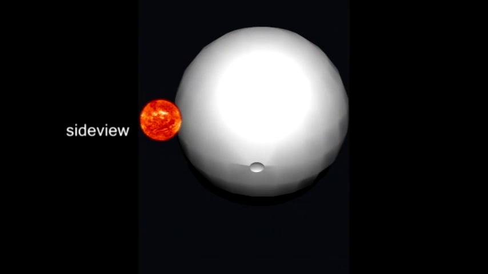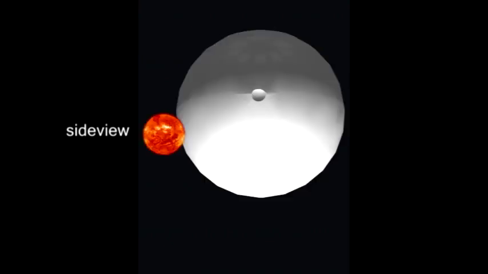The sun is below him, above him, below him, above him. Now you see the sun is above the crater. The top side of the crater is dark. Now the sun is below the crater and the low side of the crater is in darkness.